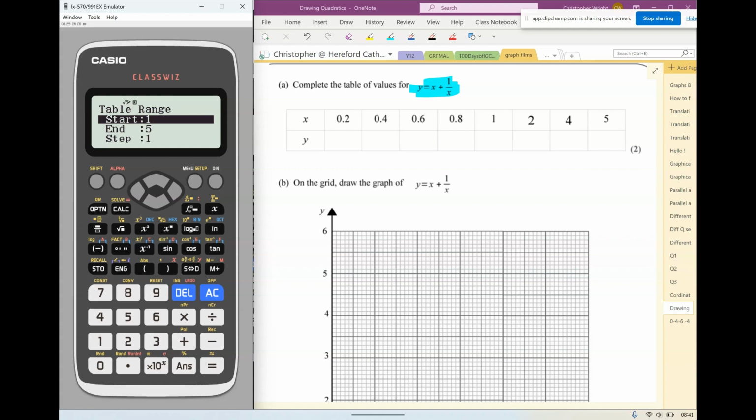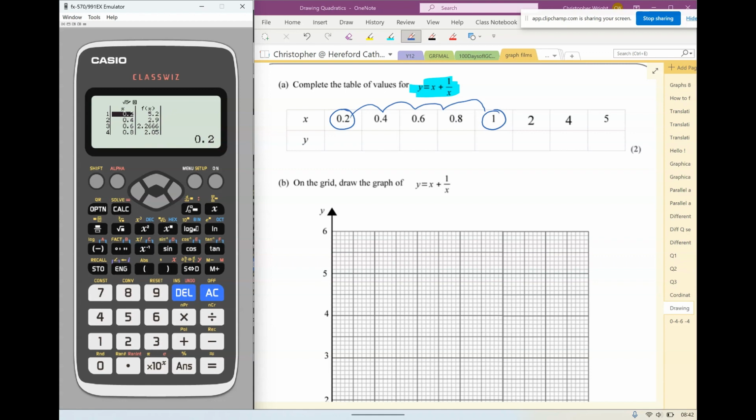Now in this case here, we have got a start of 0.2 and we do jumps of 0.2 until we get to 1. So I'm going to put that blue section in first. So I'm starting at 0.2 equals, ending at 1 equals, with steps of 0.2 equals.